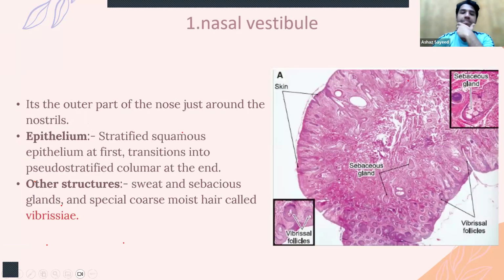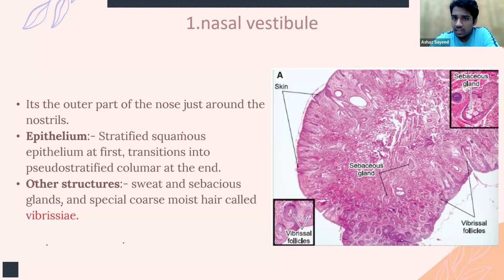So first we'll be talking about the nasal vestibule. This is the outermost part, the outer part of the nose, just around the nostrils. The epithelium here, since it's an outer structure, is closer to your skin. It's going to be like the skin, which is stratified squamous epithelium at first, but as it approaches the respiratory region, it transitions into pseudostratified columnar.